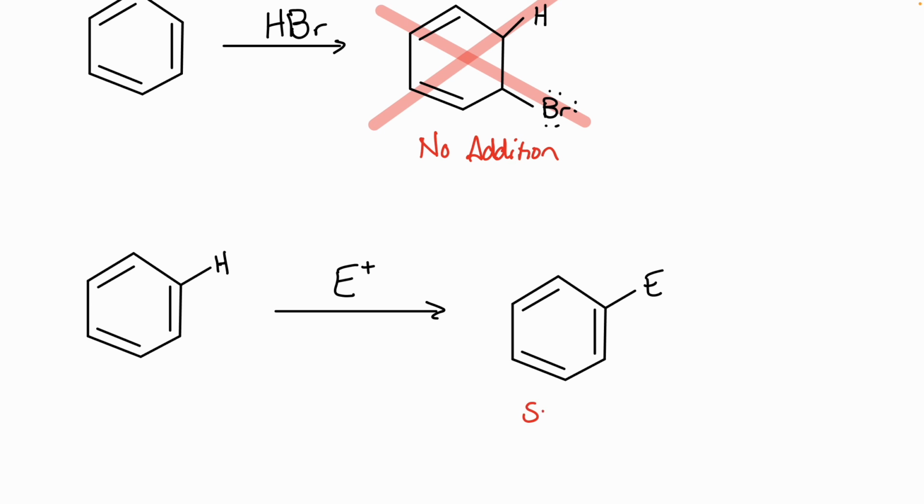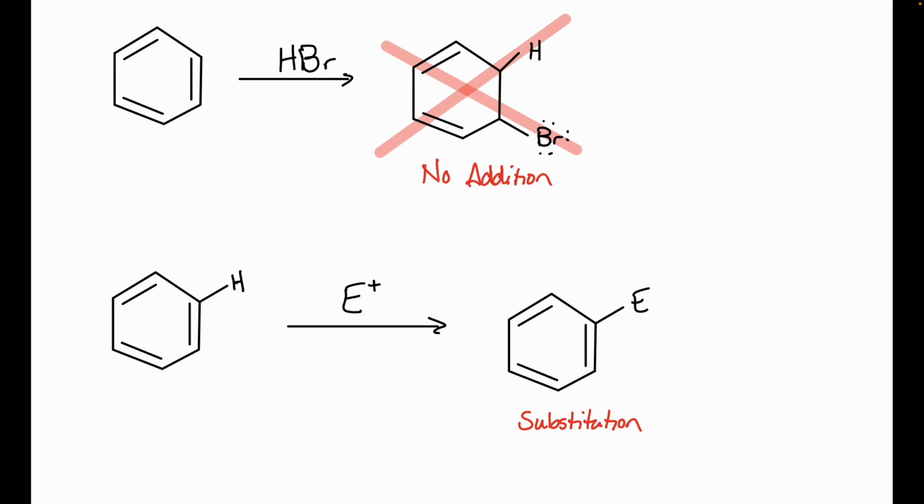Instead, we're going to see our substitution products. All right, we're going to look at sort of a generic reaction mechanism here for these, and then we'll look at specific electrophilic aromatic substitution reactions. Okay, so again, unlike alkenes, we don't have any addition product. Instead, we're going to see these substitution reactions.